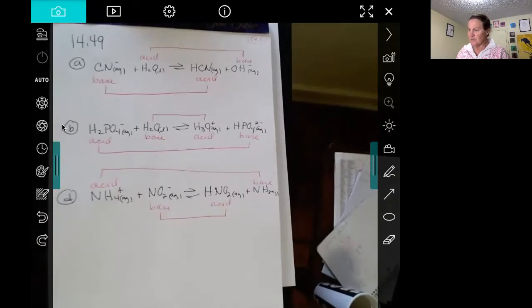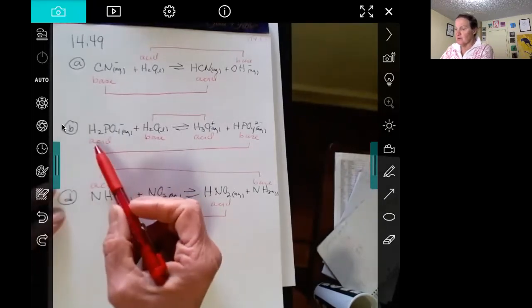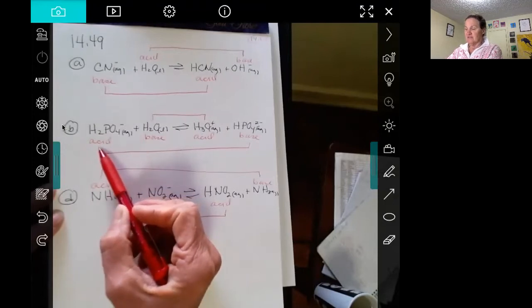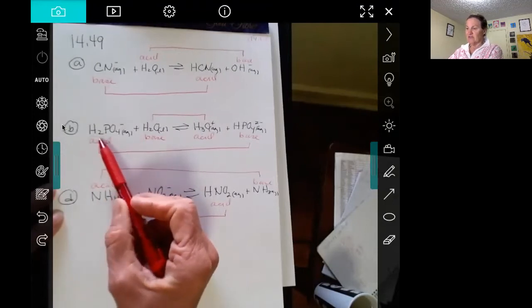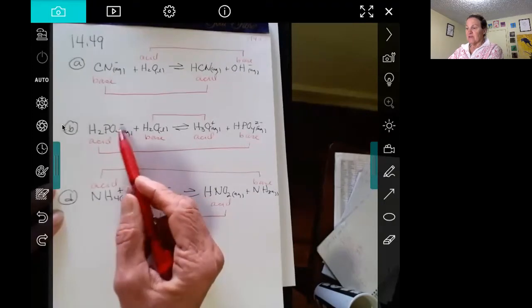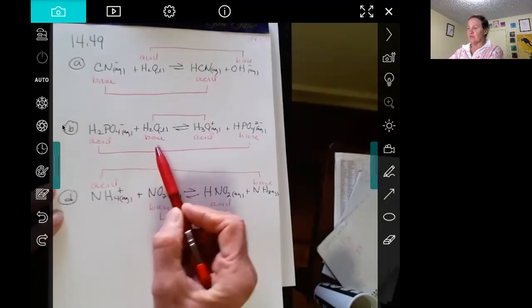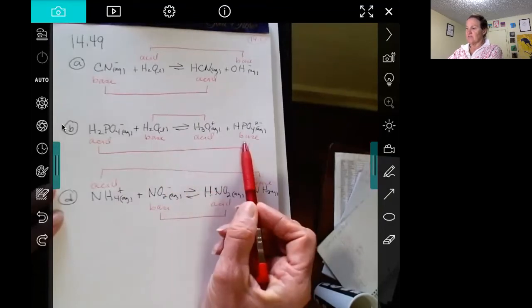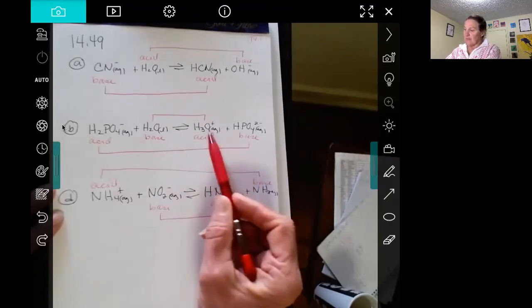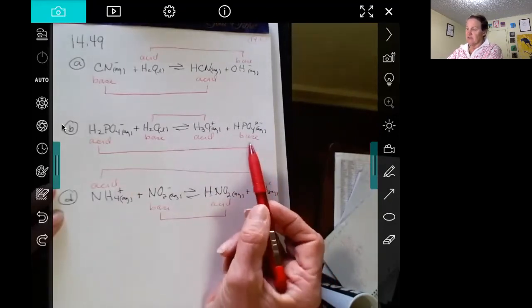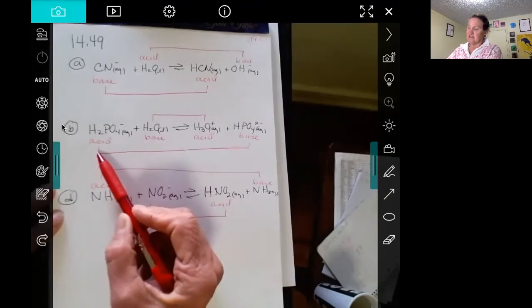The second one, B, is an example of a triprotic acid, phosphoric acid. Once you've taken one proton off, this can still continue to act like an acid. H2PO4 minus could act as a base, but in this case, because it's reacting with water to make H3O plus and the anion with one less proton, it's acting as an acid in this situation.